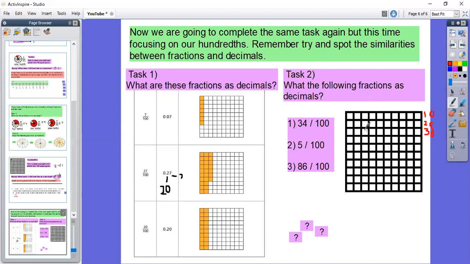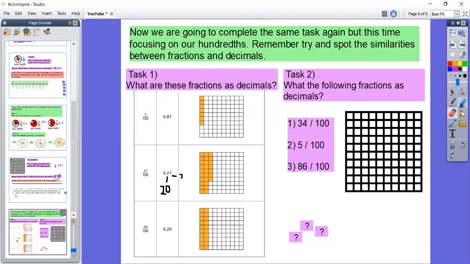So I would have shaded in all of these here. And then there are 4 left over. It's 30 plus 4. Then 1, 2, 3, 4. So that is what 34 over 100 would look like. And next one, 5 hundredths would be 5 shaded in. 1, 2, 3, 4, 5, like that.